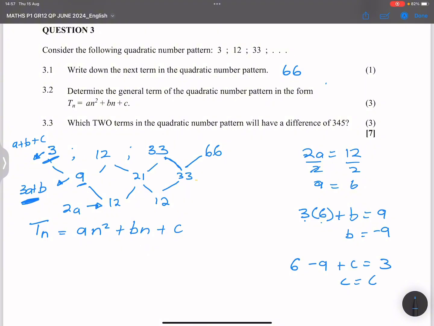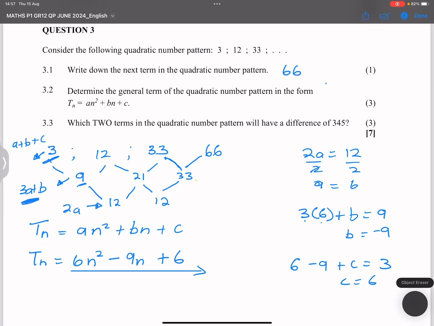Then this will give us 6. All right, so now, which means that Tn will be equal to, our a value is 6, so that's 6n squared. Our b value is -9, so that's -9n, plus c, which is also 6. And that is how we are going to find our general term of this sequence.